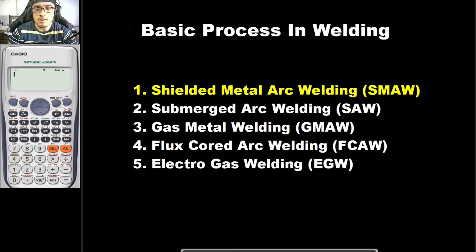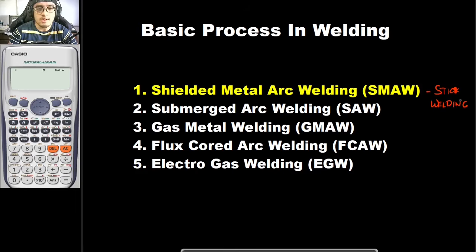Shielded metal arc welding is also called stick welding. This is the most common type of welding here in the Philippines, wherein you use a consumable electrode, or what we call our welding stick or welding rod.